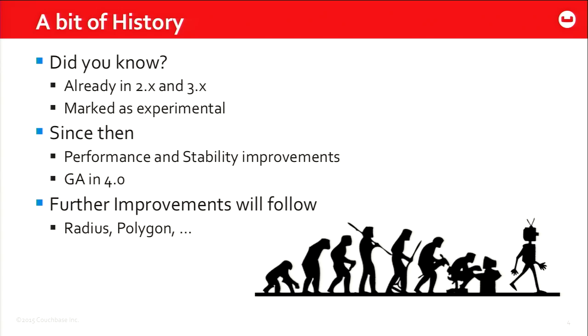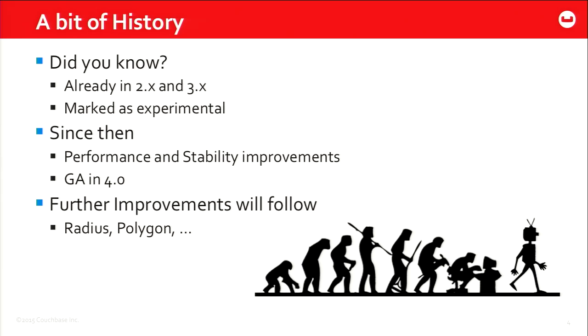It was already there, marked as experimental, and since then we did some performance and stability improvements, and it will be GA in 4.0. So when 4.0 is released, then it will be generally available.